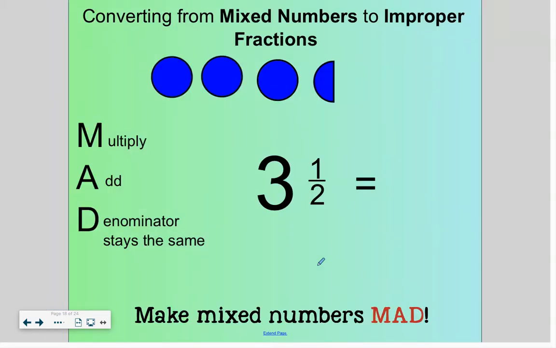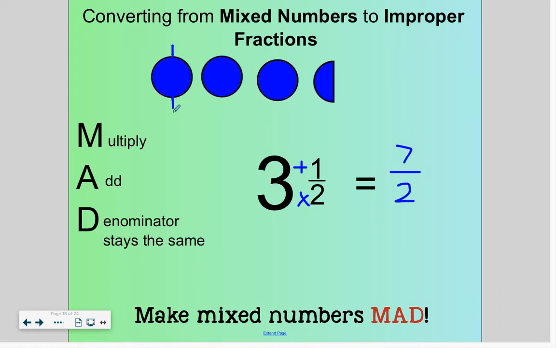You need to make mixed numbers mad. Multiply, add, denominator stays the same. When you're converting from a mixed number to an improper fraction, you need to multiply, add, denominator stays the same. You take the 2, you multiply it by 3, and you add the numerator.